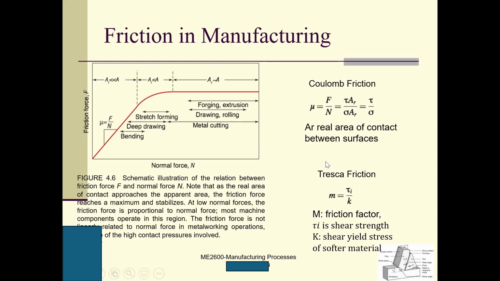The Tresca friction. Tresca, I introduced this term to you, right? When we judge whether a material fails, we have two criteria. The first criterion is called Tresca. Tresca is also called the maximum shear stress criterion.